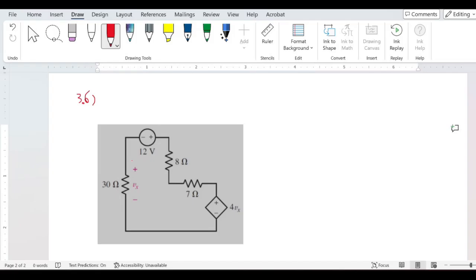This configuration of these two power sources tells us that these two sources are opposing each other, and based on which one dominates the circuit, it can tell us what would be the direction of the current, right? I don't know it right now before solving the problem, so I'm just going to assume that the 12 volts dominates.